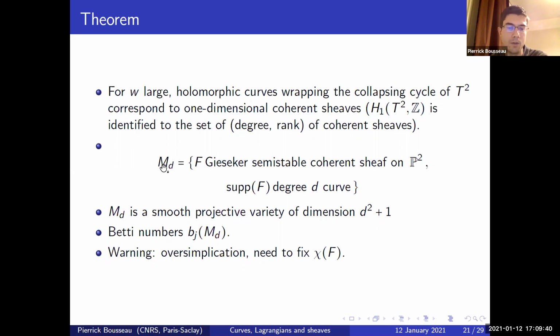When D and chi are coprime, so when MD chi is smooth, these Betti numbers were computed in low degree, maybe until degree 6 or 7, using various techniques. But computing the intersection cohomology of these spaces, when the moduli spaces MD chi are singular, had never been done before, because you need different tools to address the singularity.